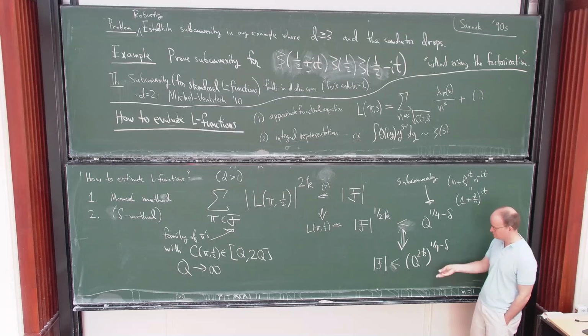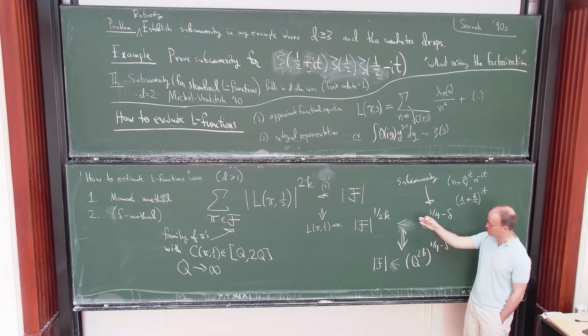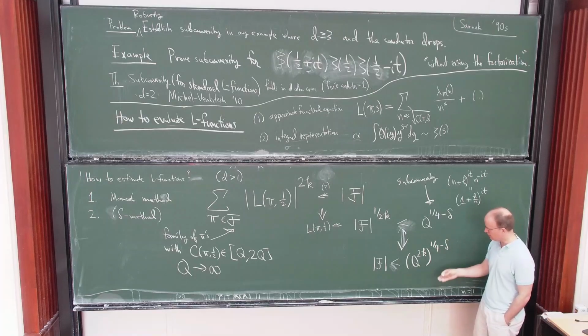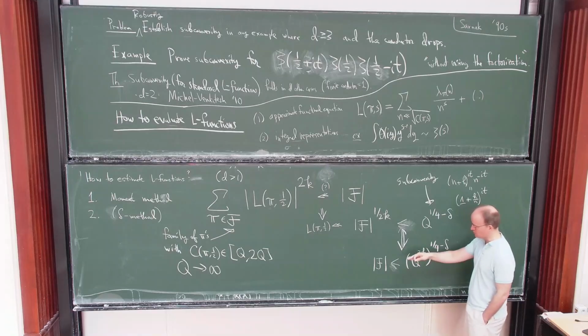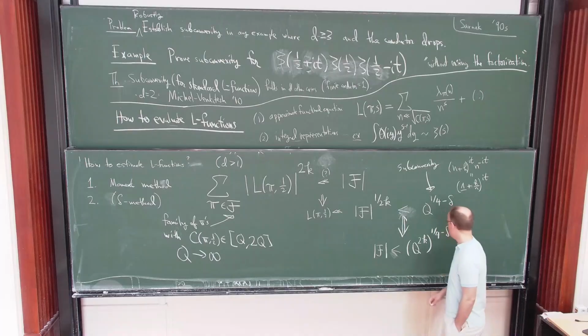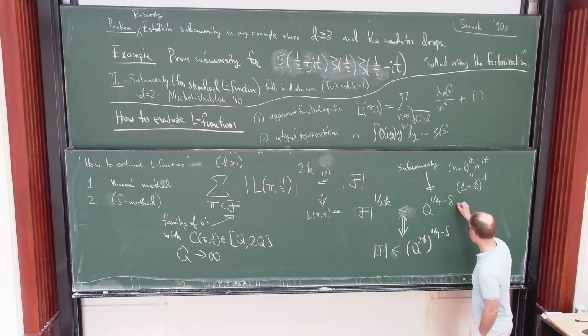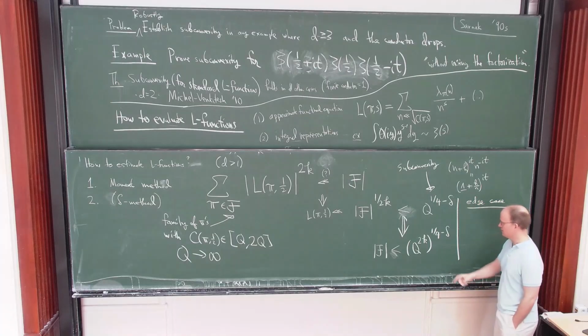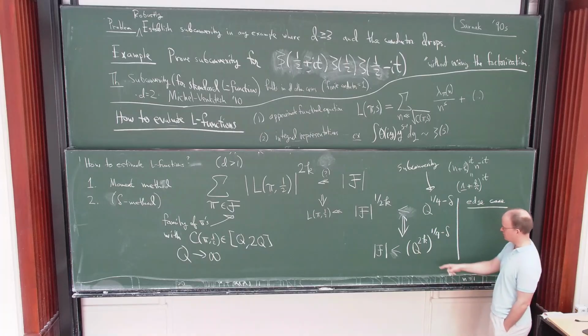So there's some range of moments where, if you could estimate them effectively, you would get a subconvex bound. But for smaller moments, you don't get anything non-trivial. There's one edge case where we have equality in this last expression.